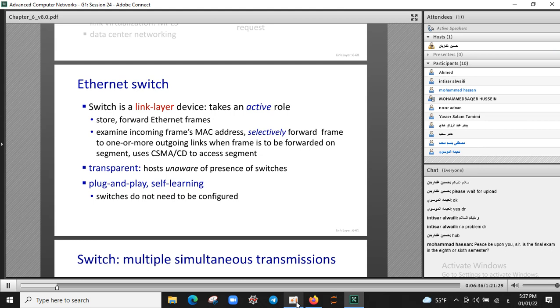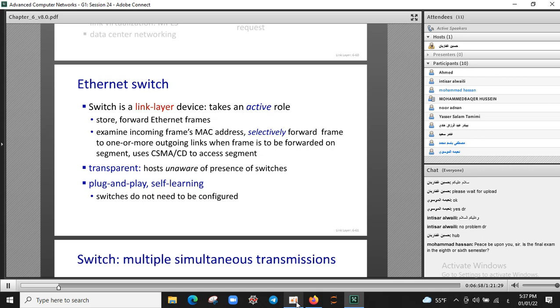I will talk about them one at a time. The switch can send the data to a specific port number. Why? Because it can learn those MAC addresses.